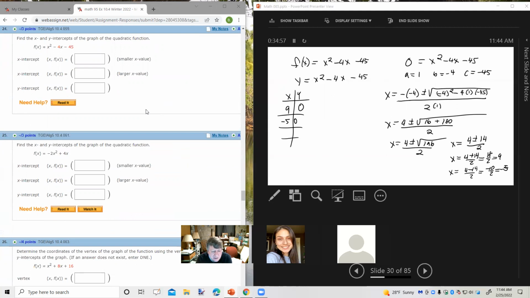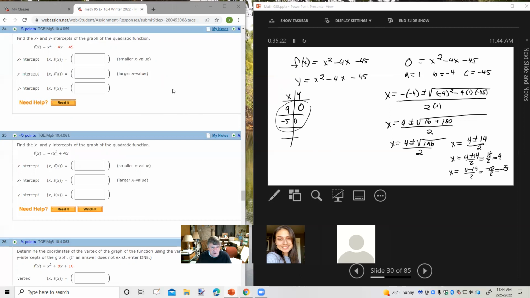So that means if we take a second degree function and set it equal to 0, let y equal 0, use the quadratic formula or factoring and come up with the solutions, those solutions are the x-intercepts. Now, it says smaller x value, larger x value.